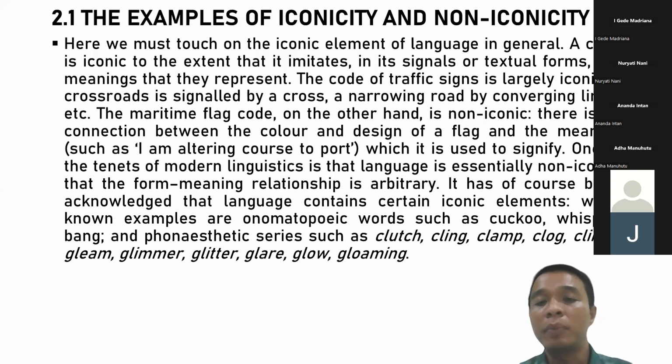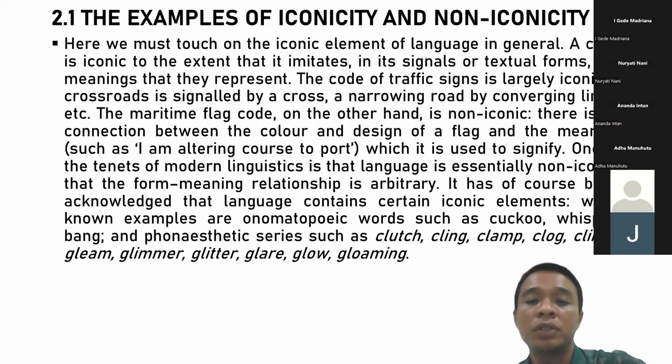The code of traffic signs is largely iconic. A crossroad is signaled by a cross, a narrowing road by converging lines, etc. The maritime flag code, on the other hand, is non-iconic. There is no connection between the color and design of a flag and the meaning, such as the letter signaling a word, which it is used to signify.